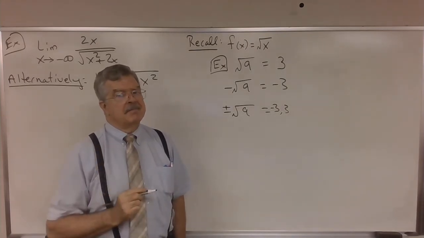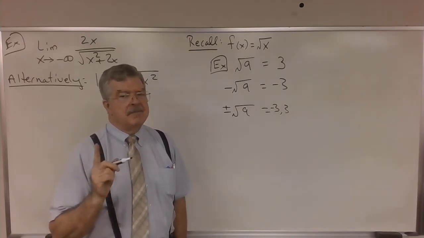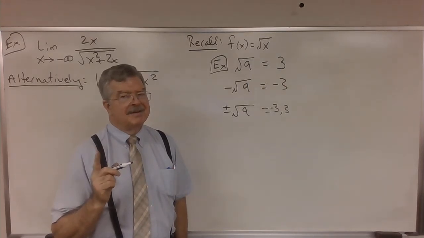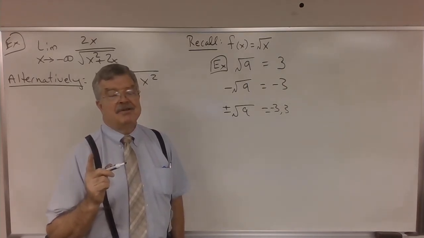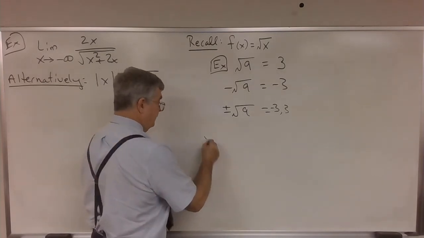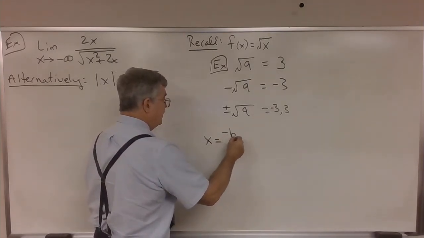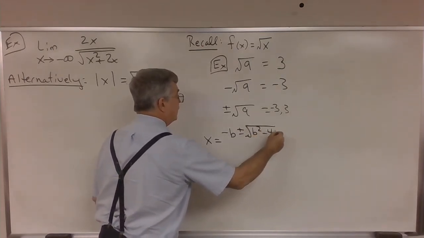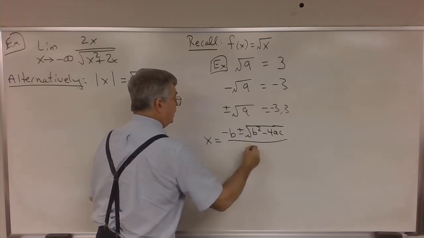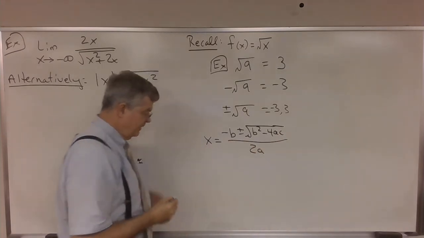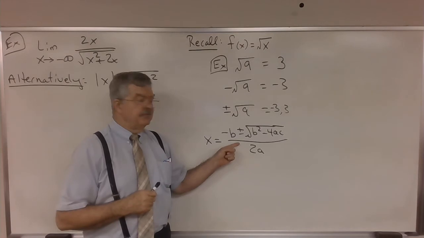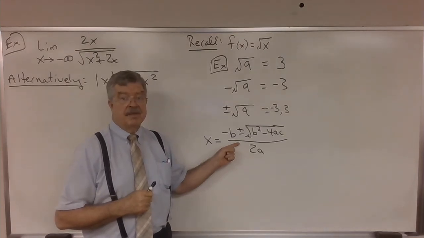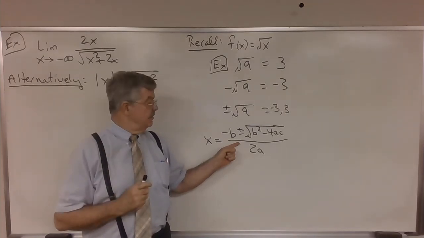And think about it. We are familiar with this because in the quadratic formula, don't we have this? This is the quadratic formula, which gives us the roots of a quadratic equation, a second degree polynomial.